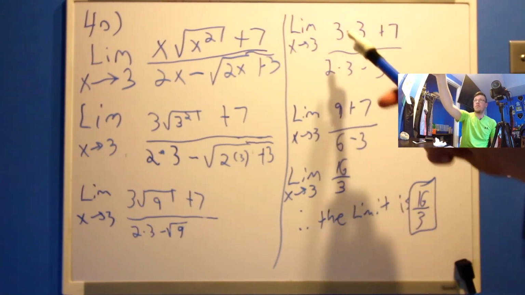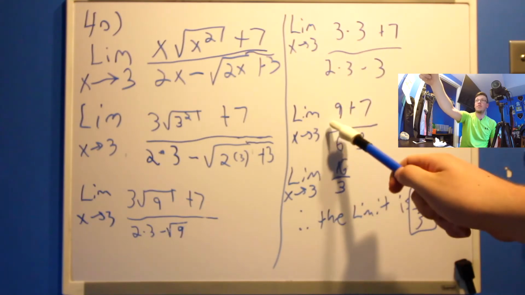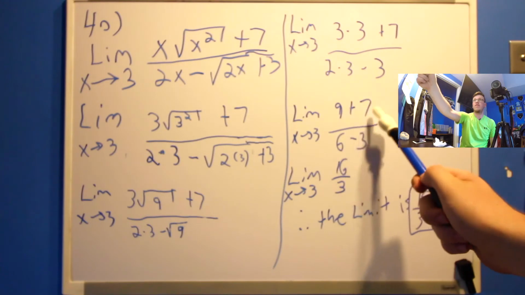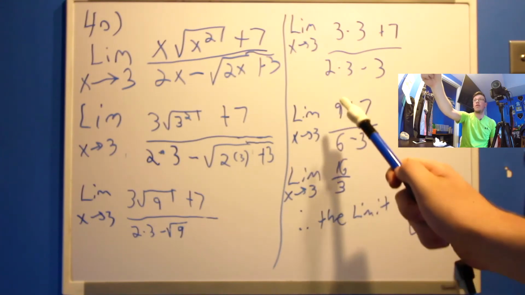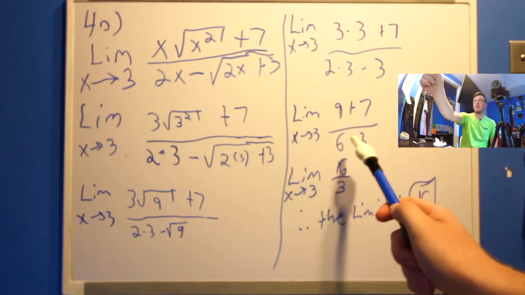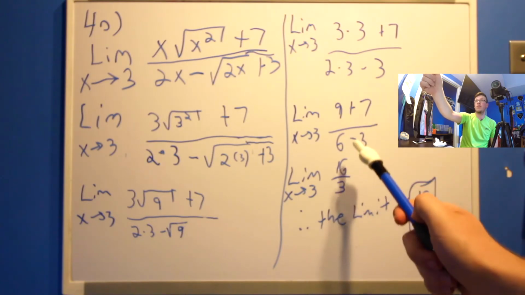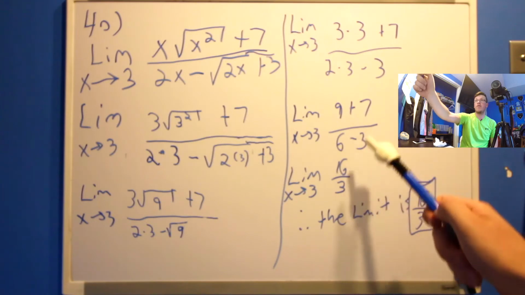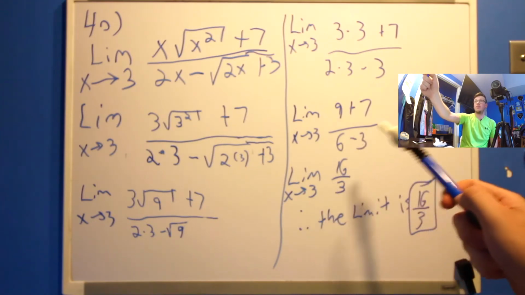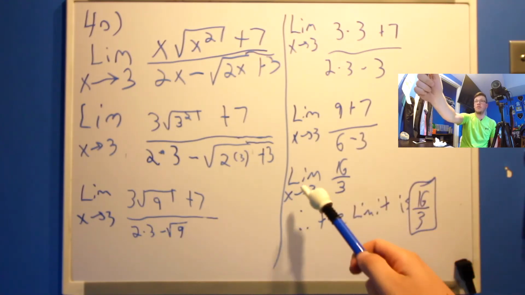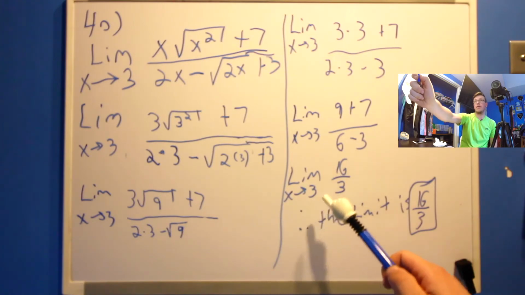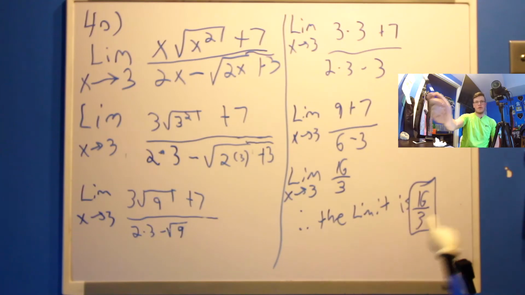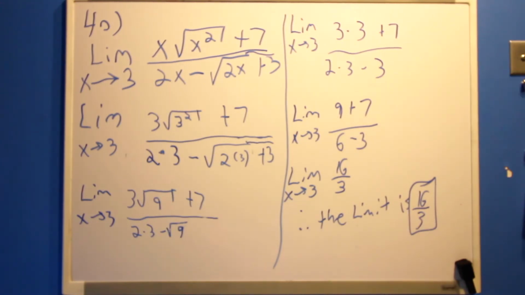So 3 times 3 up here becomes 9 plus 7 over, and then 2 times 3 is 6, so 6 subtract 3. You do the adding and subtraction: 9 plus 7 equals 16, 6 subtract 3 is 3. So as the limit x approaches 3, it will be 16 over 3. Therefore the limit is 16 over 3.